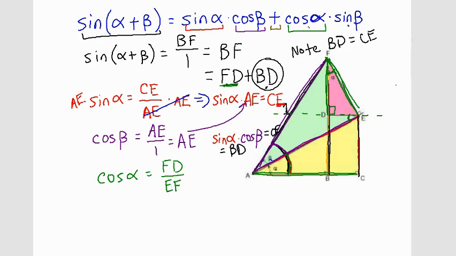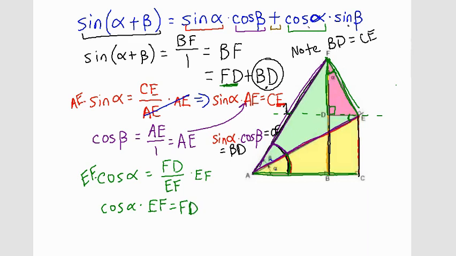Now I can set something up like I did with sine alpha, multiply both sides by EF, okay? And I get cosine alpha times EF is equal to FD.